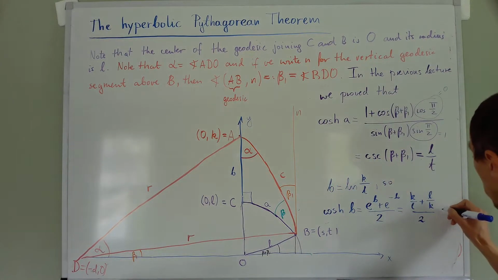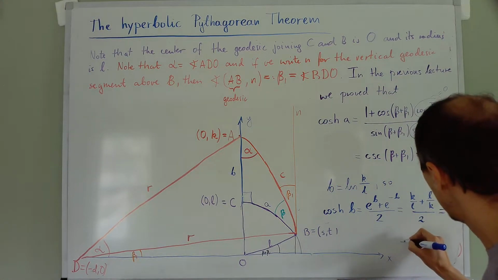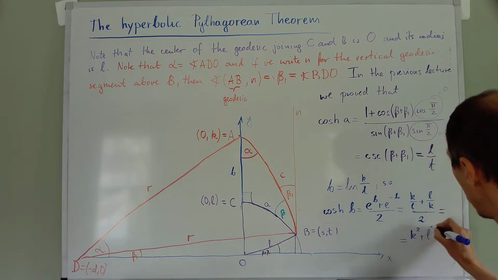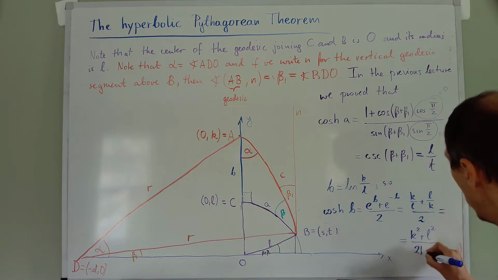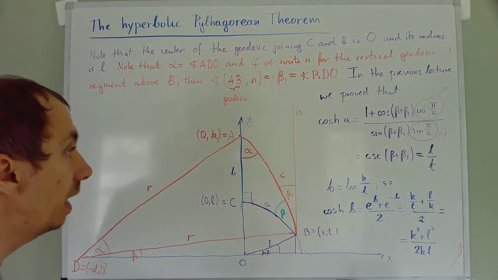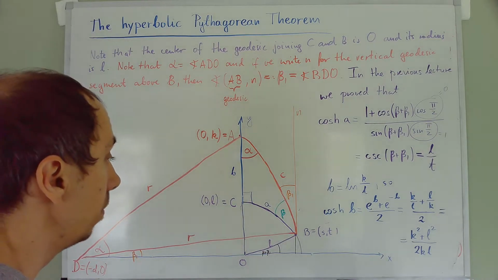If I get a common denominator, LK, then this is equal to K squared plus L squared divided by 2KL. So I have hyperbolic cosine of A and hyperbolic cosine of B.